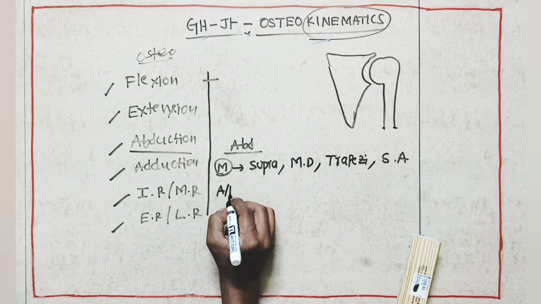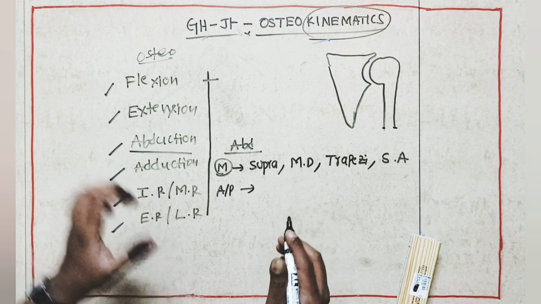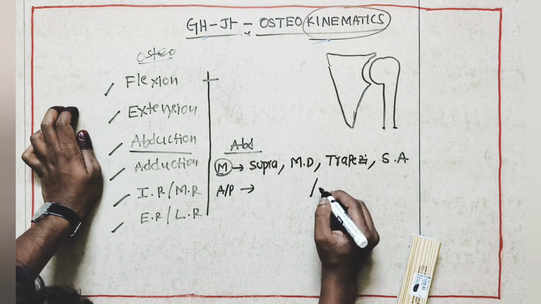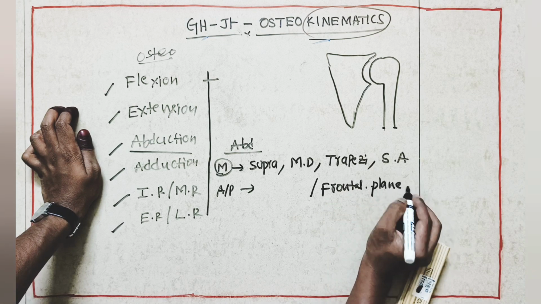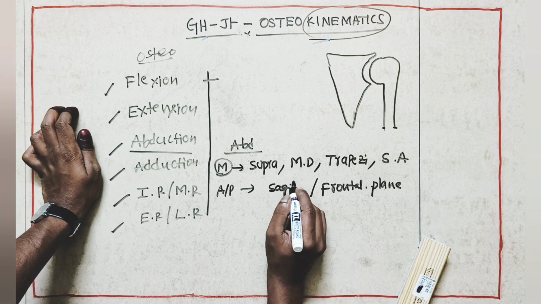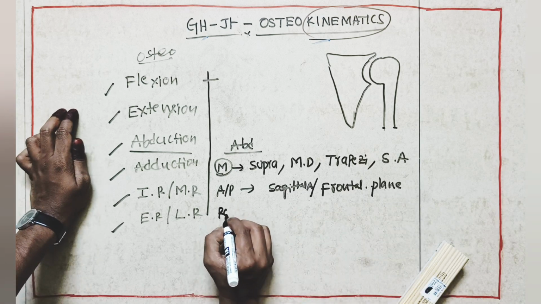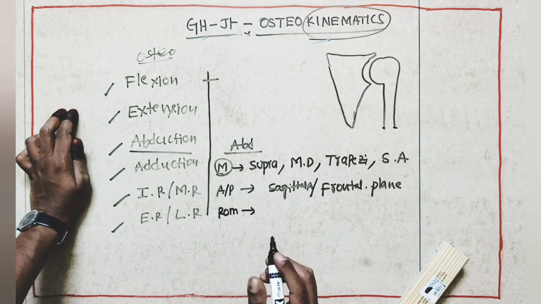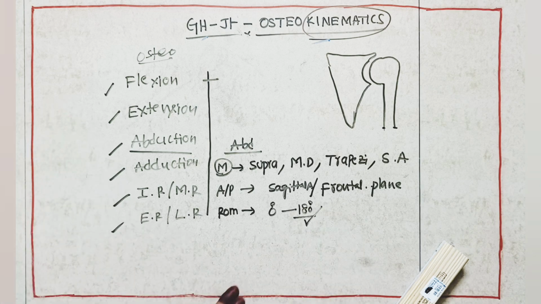After that, axis and plane. Abduction happens in the frontal plane and the sagittal axis. Then range of motion. The normal range of abduction is 0 to 180 degrees. It varies from individual to individual. This is about abduction.